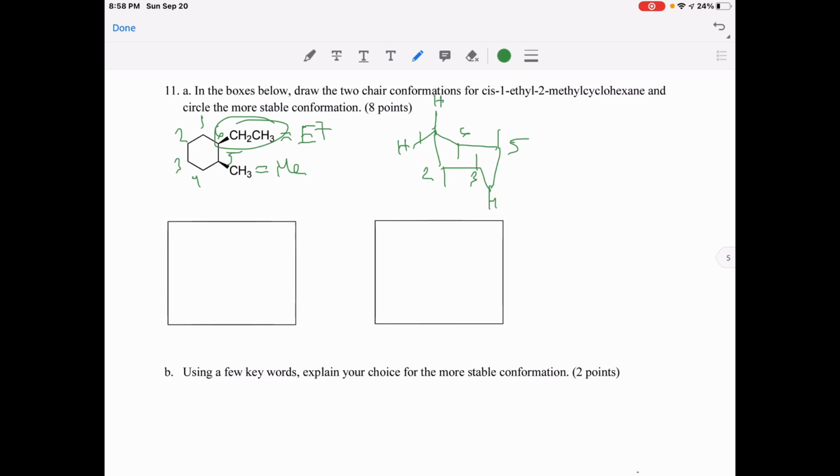So since we are looking for two up positions, we want to make sure that the equatorial position on atom number 6 is occupied by that ethyl group, and the axial position is the hydrogen. And for number 5, the axial position is the only up position that there is. So for number 5, we put a methyl there, and we would put a hydrogen there for the equatorial position. And then we can just fill out the rest of the molecule as follows.